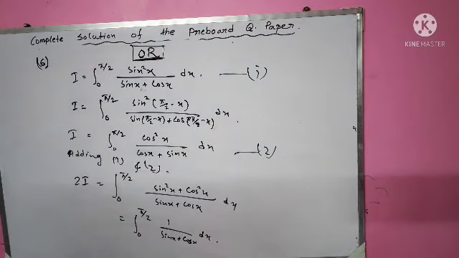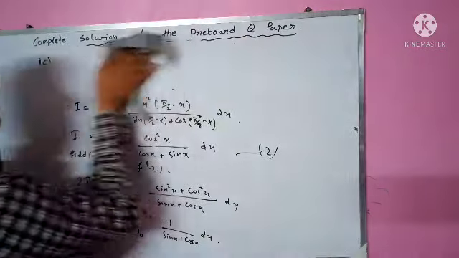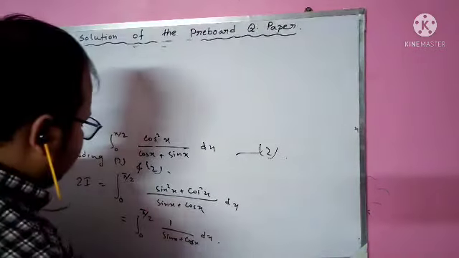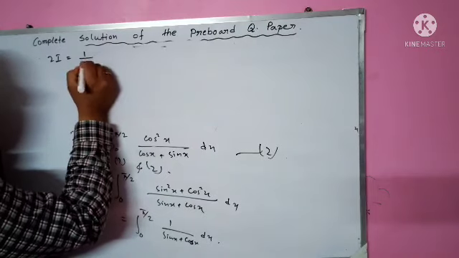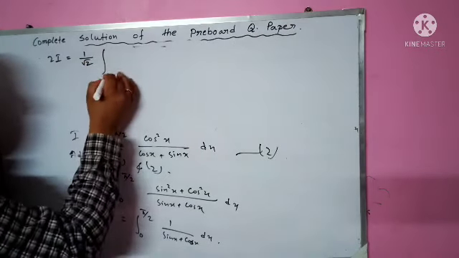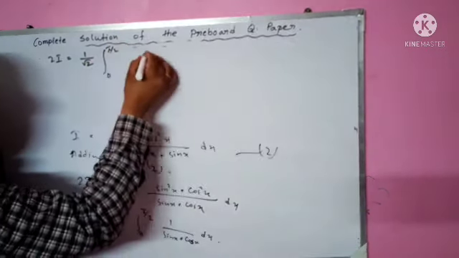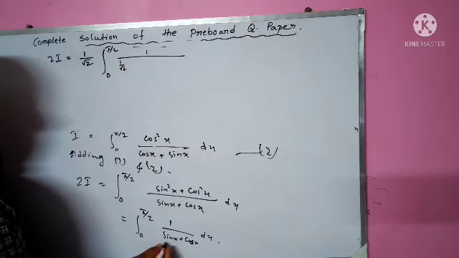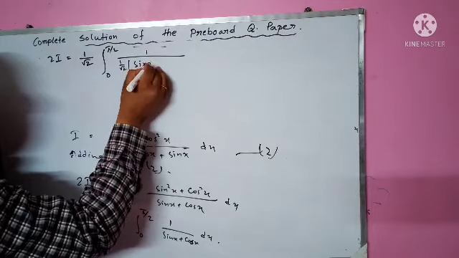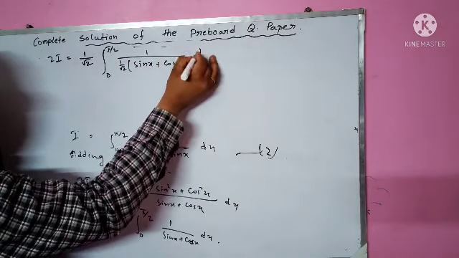Okay, we have arrived at another integration here. Now this integration we have to do, right? So 2i is equal to, we will take 1 by root 2 here, from 0 to pi by 2, 1 divided by 1 by root 2 sin x plus cos x, and dx will be there.